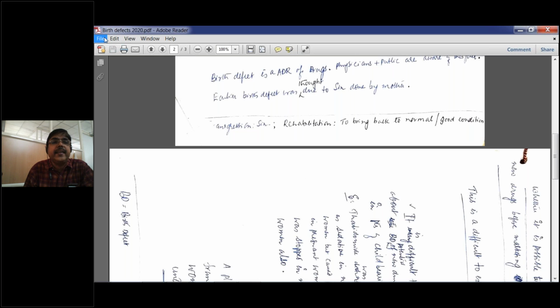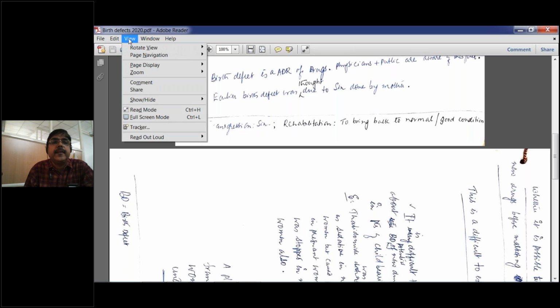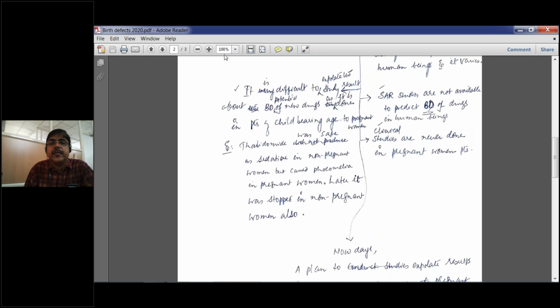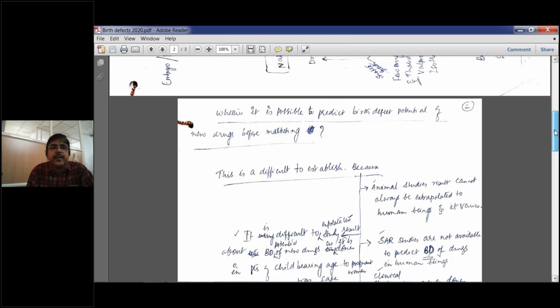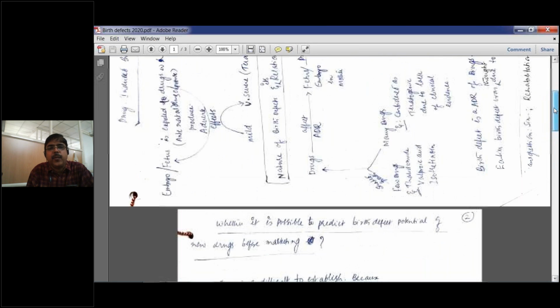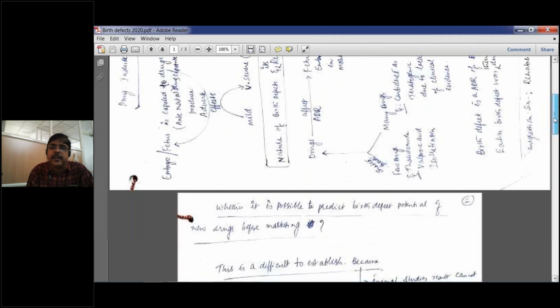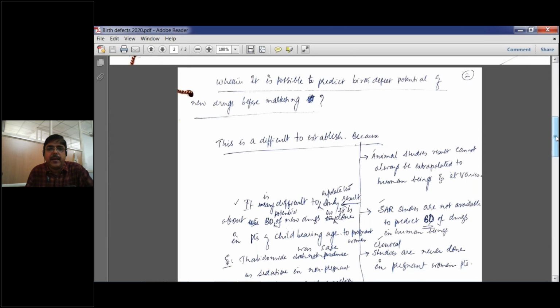It is very clearly explained that it is because of the drug only. Otherwise, there was a misconception that it was because of, what do you say, sin done by the mother. Now it is not like that.